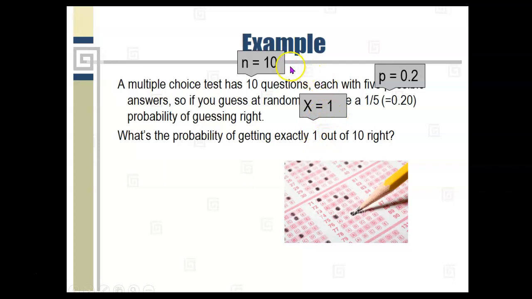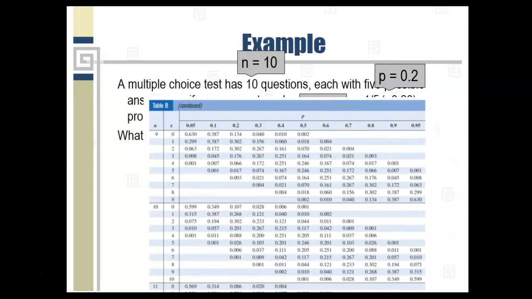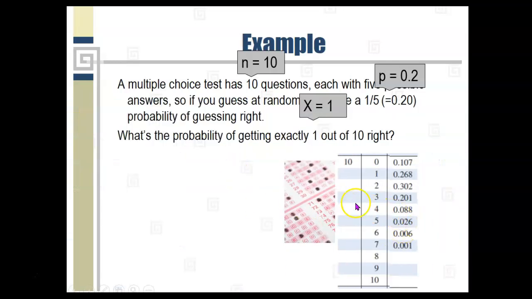So now that we have our numbers for n and p and x, we can come up with the answer to the question. We can look on the table. I would go to the part of the table where n is 10, and I would look in the column where p is 0.2, and I would find where x is 1, and the probability that shows up on the table is 0.268.